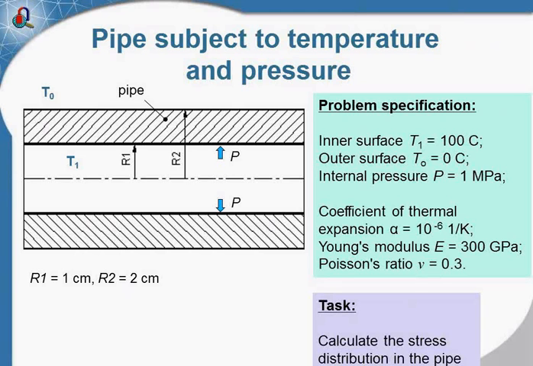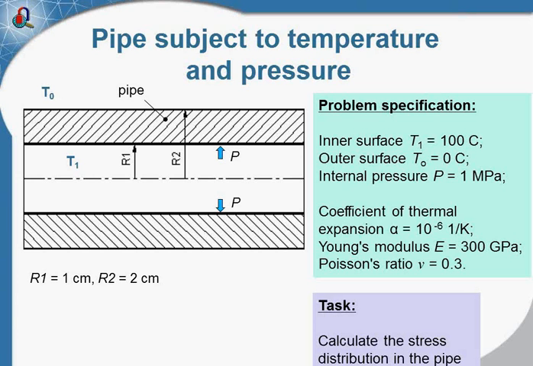Let's move to the next example where the mechanical force is caused by the thermal expansion. This is the gas pipe that contains the gas under pressure, and the gas has the temperature of 100 degrees Celsius, while the outside area has the temperature of 0 Celsius.